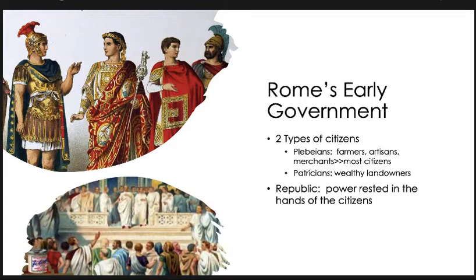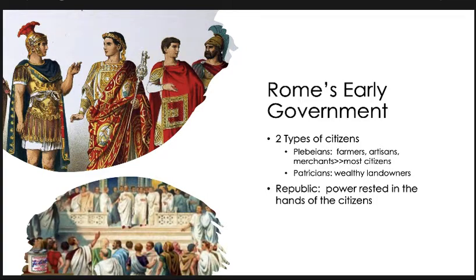Okay. Now in America, this is where we differ from ancient Rome quite a bit. In America, how many types of citizens are there? One. You're either a citizen or you're not. Okay? Rome was not like that. They had two types of citizens. There's formally no such thing as a second-class citizen in the United States. Formally. But Rome did.